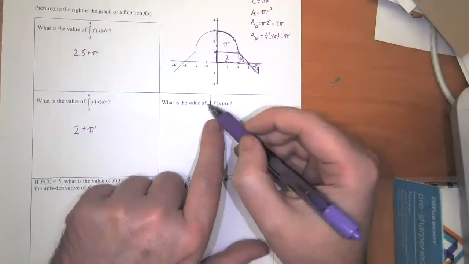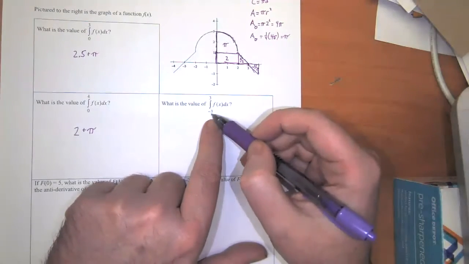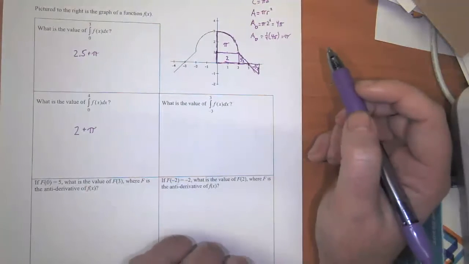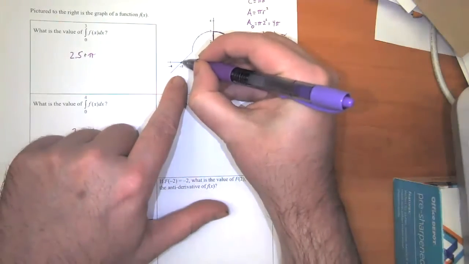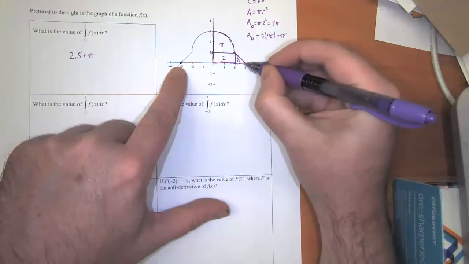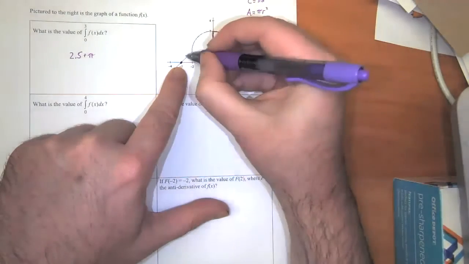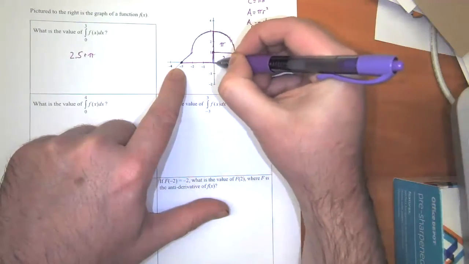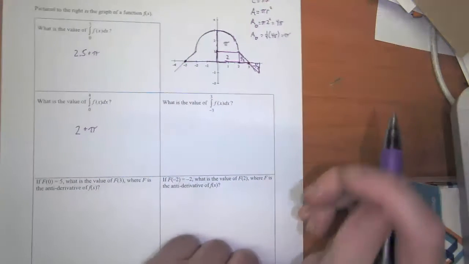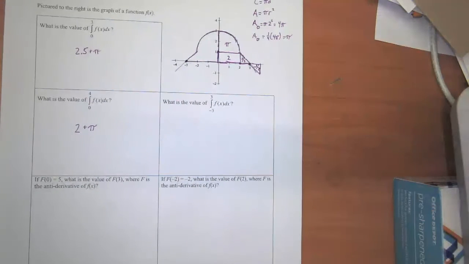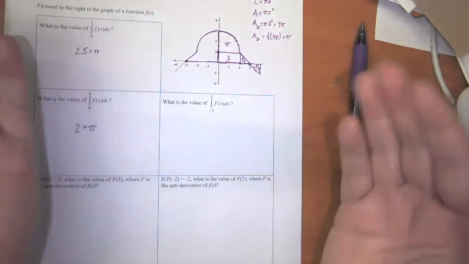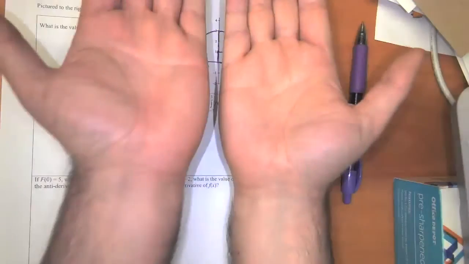And the last question is, what is the value of the definite integral from -3 to +3 of f of x dx? So this is now going from here to here. So now we're including this whole shape as well. Do you think that's going to be a lot of work to figure out? Well, one thing we can notice about this function is that it has vertical symmetry.